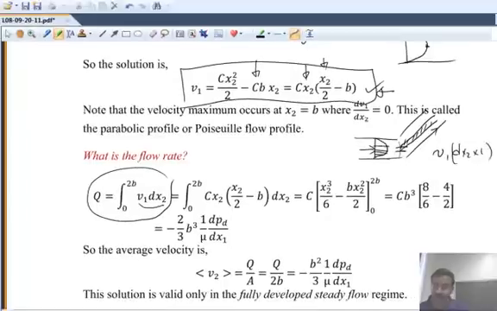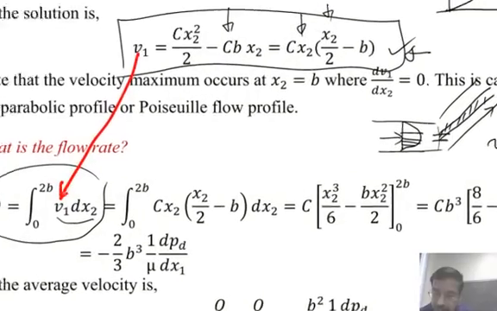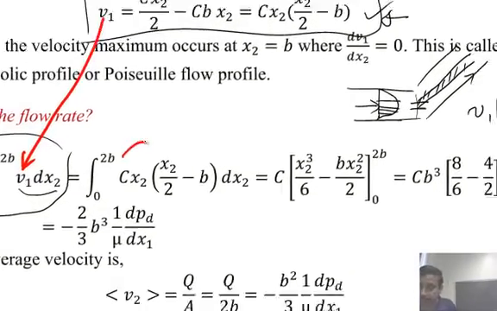And when you integrate from the bottom to the top, you get the total flow rate. That is a general conceptual statement that says the flow rate can be obtained as the integral of v times dA. dA in this case is dx2. And then, whatever problem you're solving, you know the velocity profile, take that velocity profile and insert it there and carry out the actual integration. And that's what this step is.